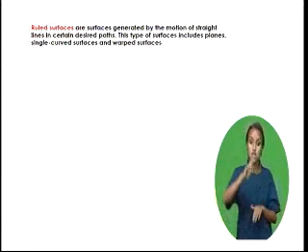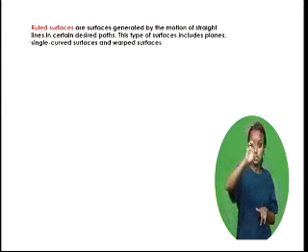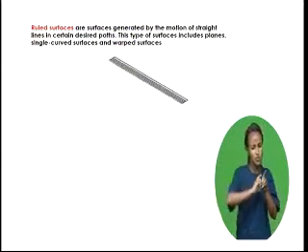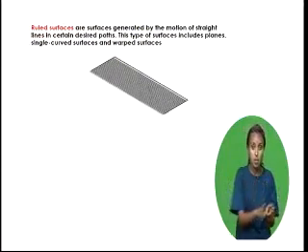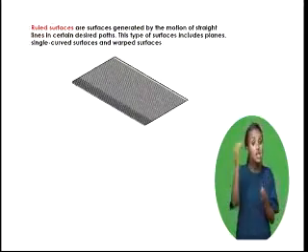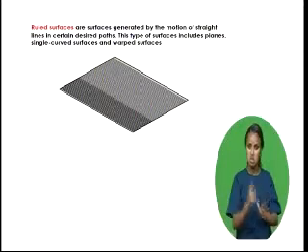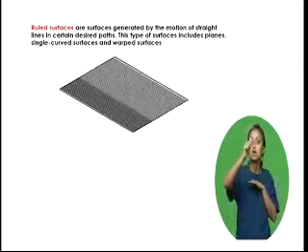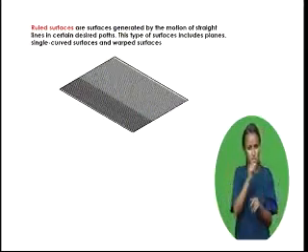Ruled surfaces are surfaces generated by the motion of straight lines in certain desired path. These types of surfaces include planes, single curved surfaces, and wrapped surfaces. Let's describe each of these surfaces.